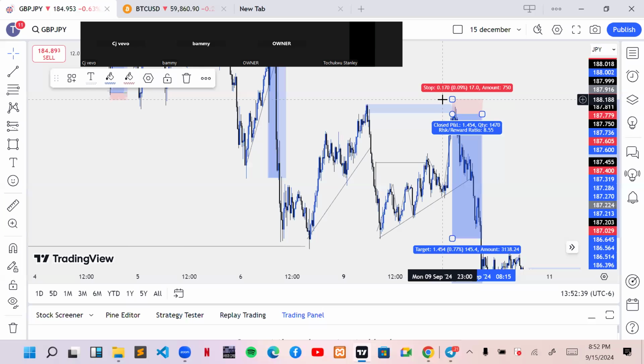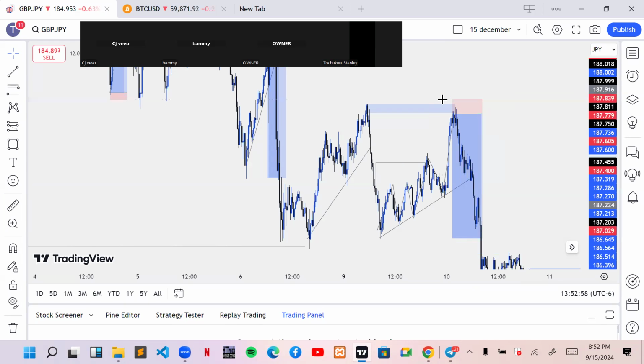That's not where you got your entry from, except you're not sure of what you analyzed. If your entry is from a breaker block, your stop loss should just be below that breaker block. If your entry is from an order block, your stop loss should just be veered away from that candle that you got your entry from. You can give it 2 or 3 pips because of spread. With that, it gives you a higher risk to reward ratio, risking a minimum amount of money.